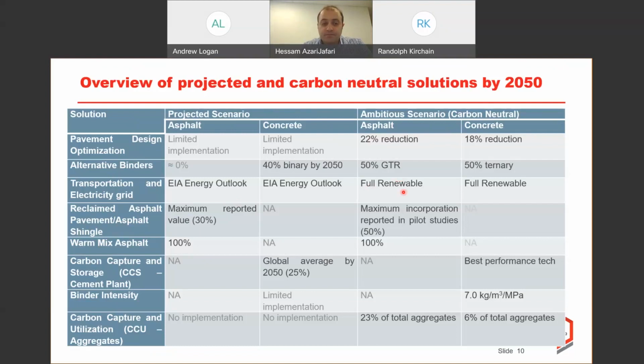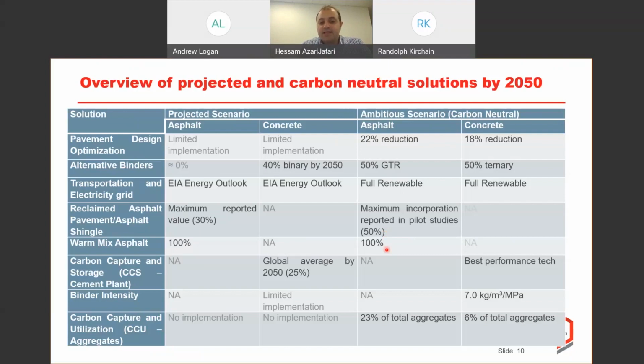For reclaimed asphalt, we can see that in conjunction with the GTR, we can also incorporate up to 50% reclaimed asphalt pavement without compromising the long-term performance of the asphalt, based on the test results. And warm mix asphalt at 100% conventional was assumed by 2050 as well.